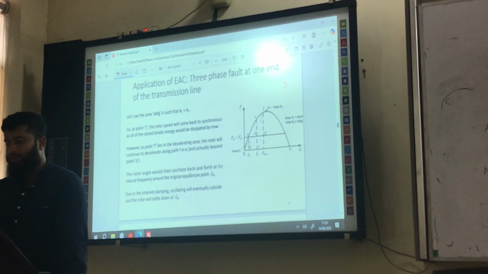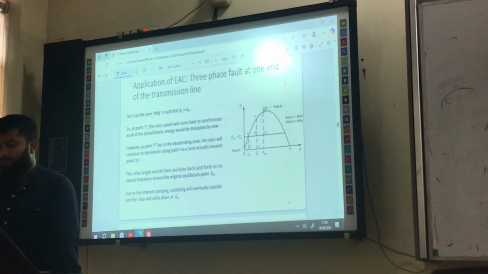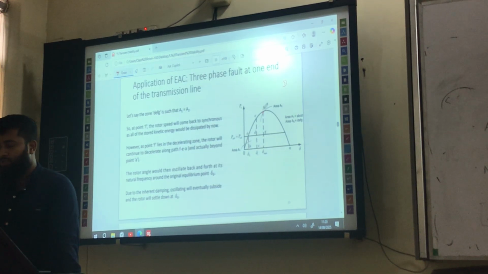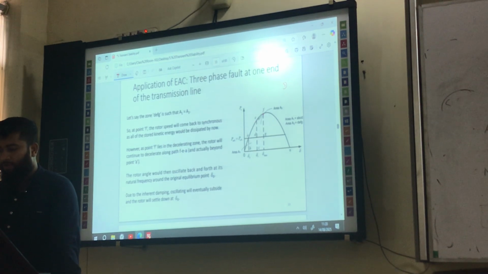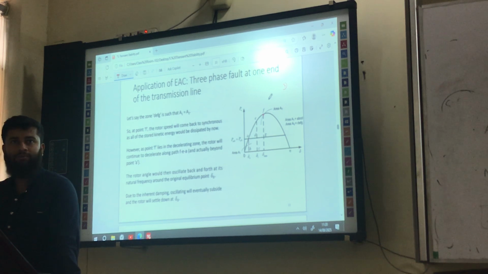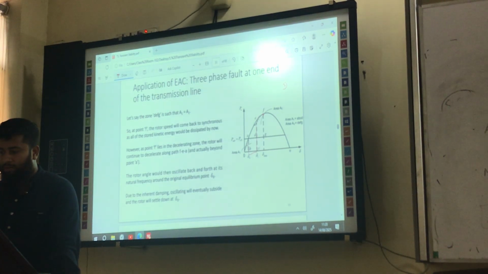He is asking that whenever we are at point F, there is no fault here, so what will be the next journey? From F to E, and then after E, what should be our journey? Should we follow this path? Obviously not, because there is no fault. Rather we will use this line, and we will come here.